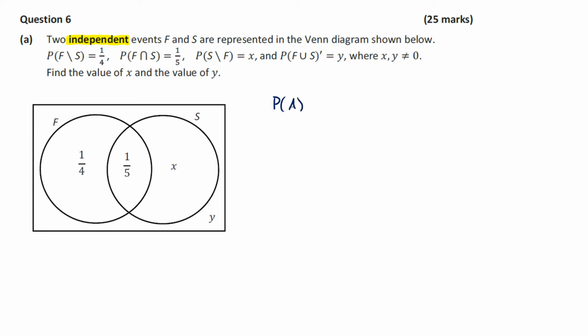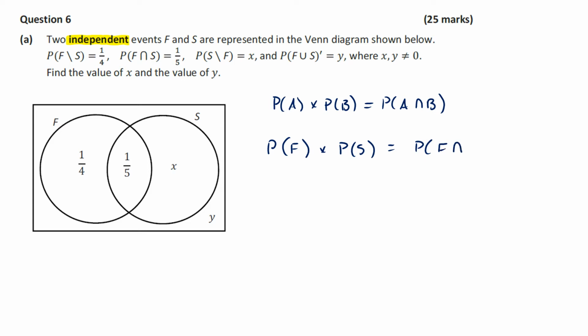Obviously, they can't show that on the diagram, but you should know that the probability of A multiplied by the probability of B is equal to the probability of A intersection B if A and B are independent. Putting that in terms of this question, the probability of F multiplied by the probability of S should equal the probability of F intersection S. Now, the probability of F is everything in the circle, so that's a quarter plus a fifth.